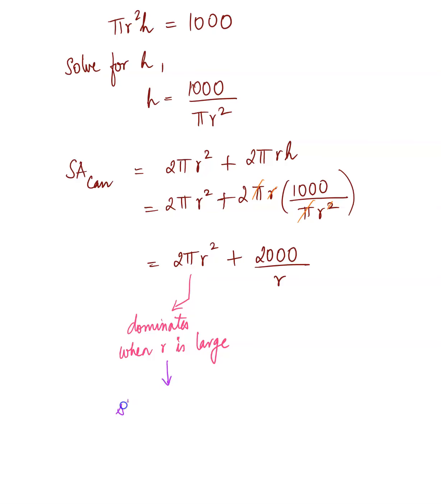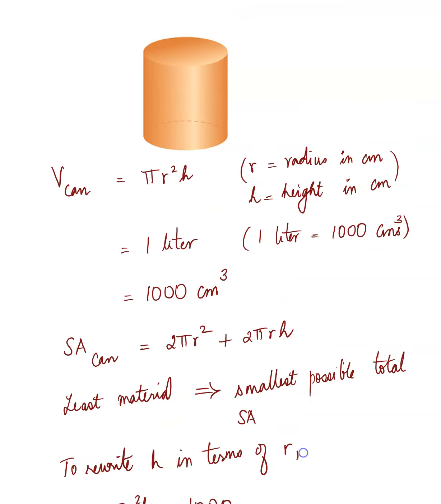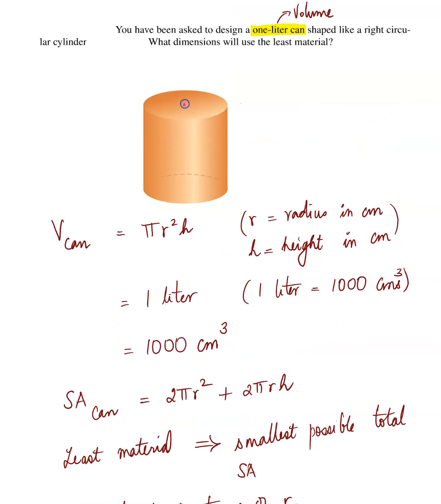the shape will be, remember, your radius is really large. So let me take you back to this diagram here. This is your radius, isn't it? This radius is really large. If you want your radius to be larger than what is indicated here, then you can't have the height of your can be the same. The height has to reduce because you can only accommodate 1 liter in this can.